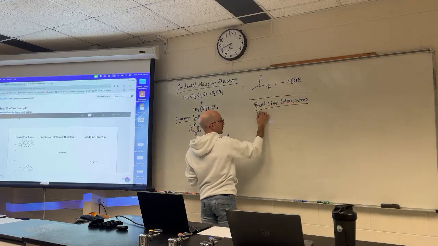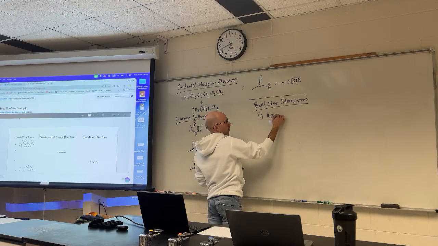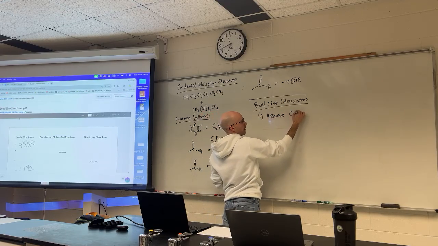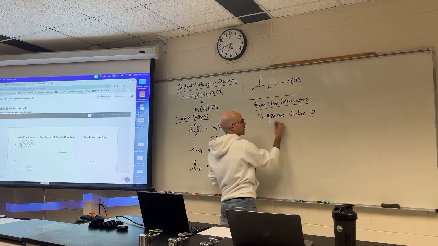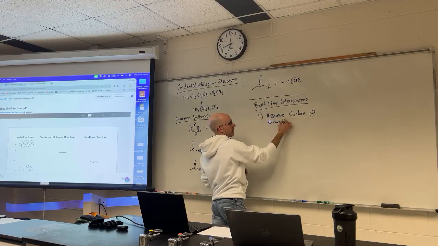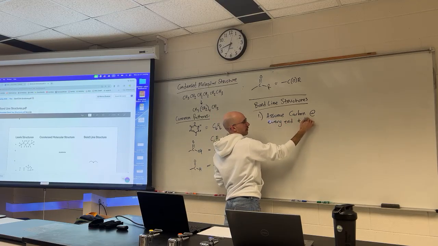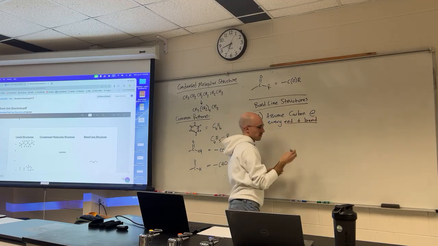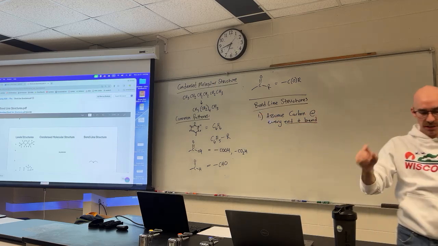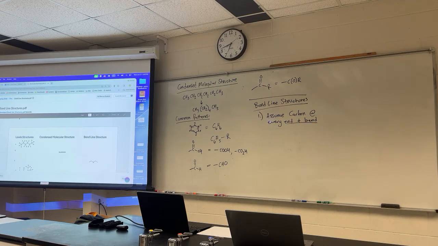First, assume carbon at every end and bend. I don't take credit for that. I had a student that came up with that terminology. I used to say every time a line terminates and every time there's a vertex in the line, which is a lot more wordy.